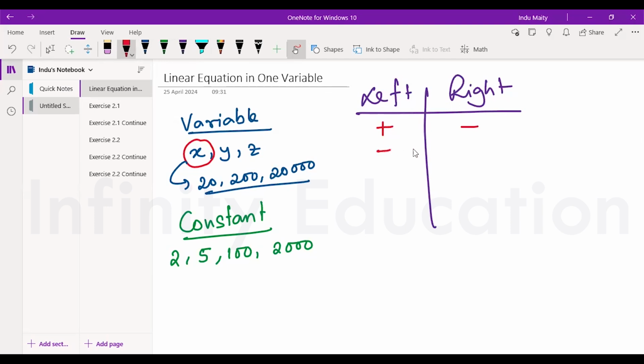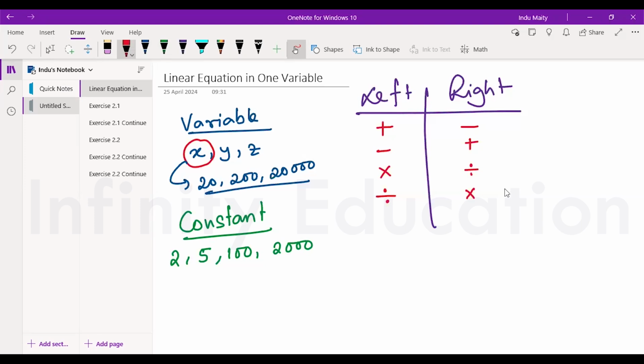If something on the left side is negative, on the right side it will be positive. Something multiplied on the left side will be divided on the right side, and something divided on the left side will be multiplied on the right side. Now, I can understand you are getting confused about what is left and right.